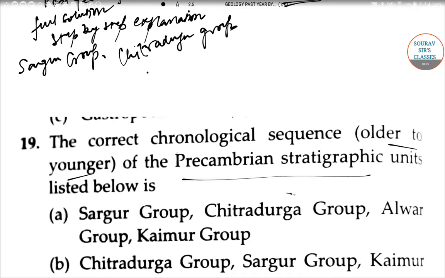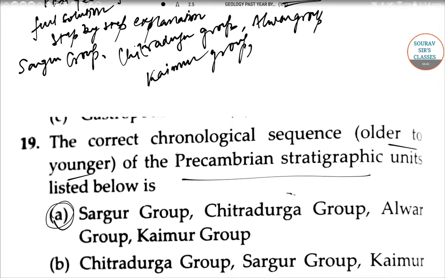The correct sequence should be Sargal, Chitradurga, Alvar, and Camel. So according to this, the correct option would be option A, that is Sargal group, Chitradurga group, Alvar group, and Camel group. So option A is correct.